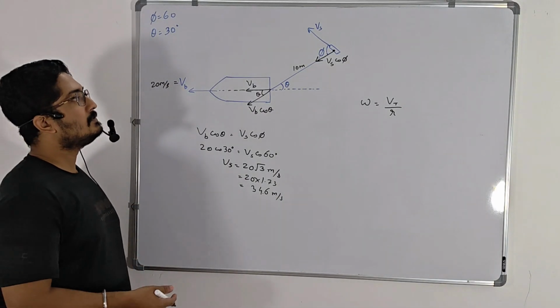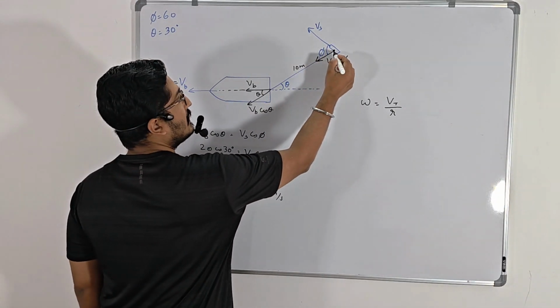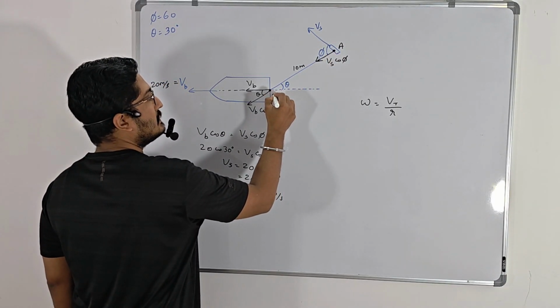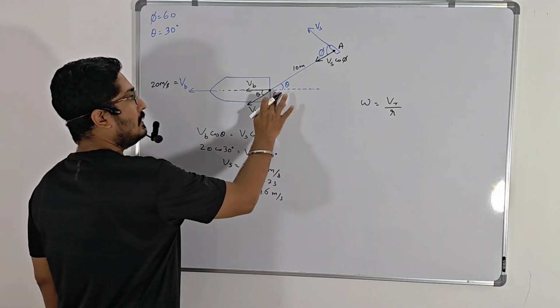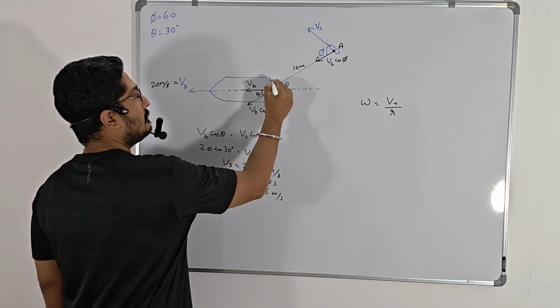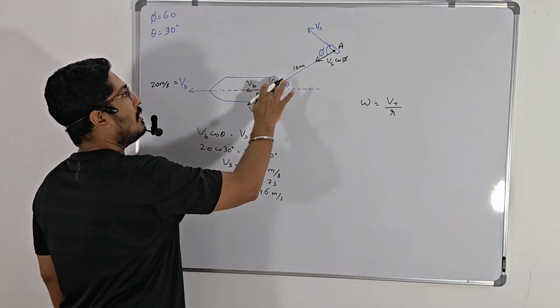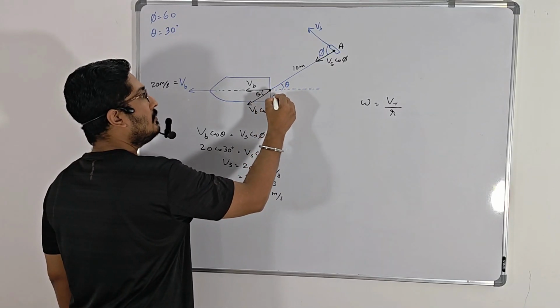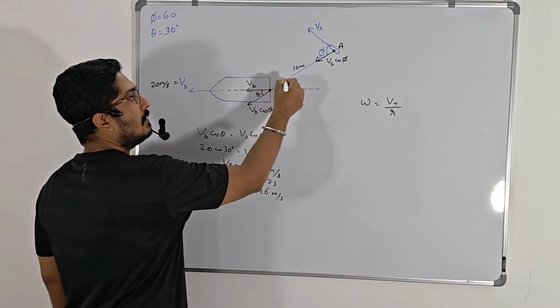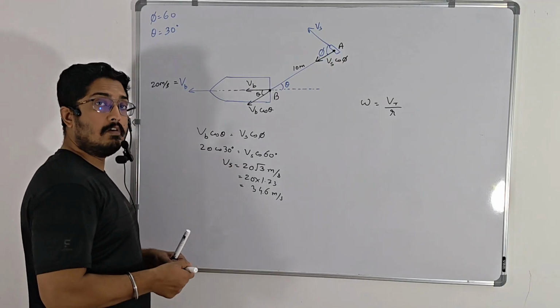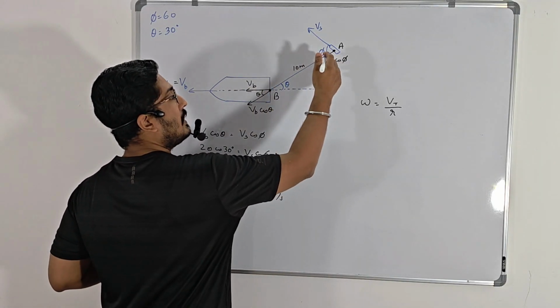So what we will do is we can name these 2 points by something. Let's say I can call this point A and I'll call this point B. Okay, like that 2 names I can give. Now, can we find out the velocities perpendicular to this rope? Can you find that component?